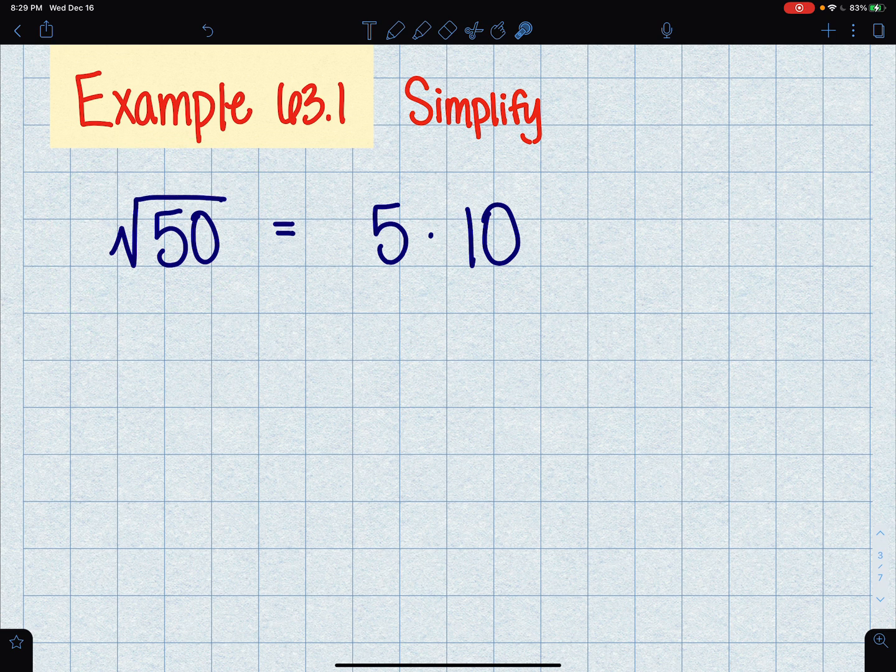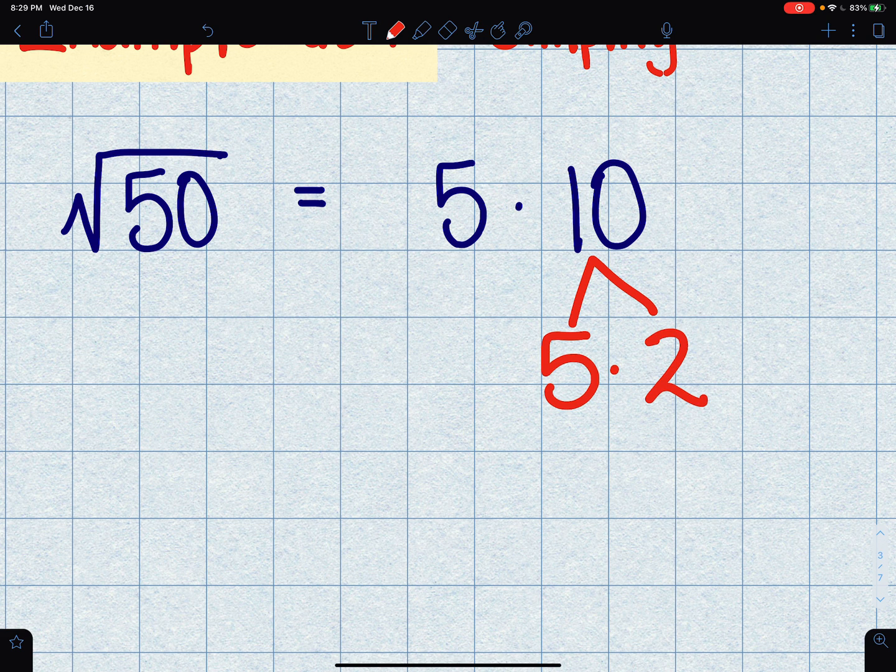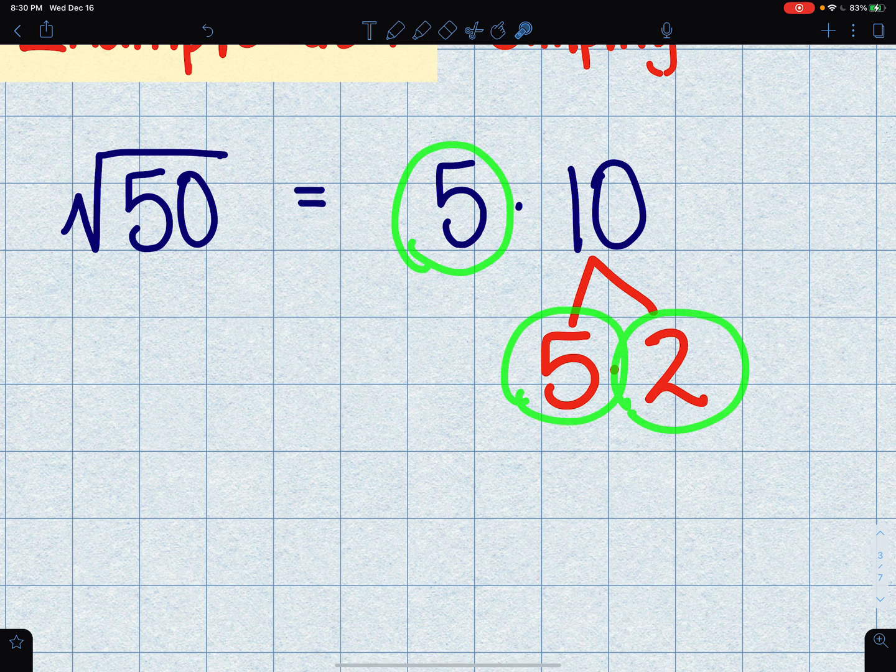What we do is we write the number 50 as the product of prime factors. Sometimes it's hard for me to remember what to do with that, but I know that 50 is 5 times 10. So I can do that. And then I can simplify 10 into 5 times 2. And then I have it broken down into its factors, 5 times 5 times 2.